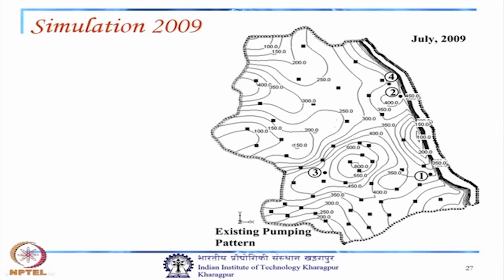And simulation for 2009 with the existing pumping pattern, this is the scenario, but it has been found that internal region we have high concentration values. This is due to the fact that there can be some kind of inland salinity for this region.